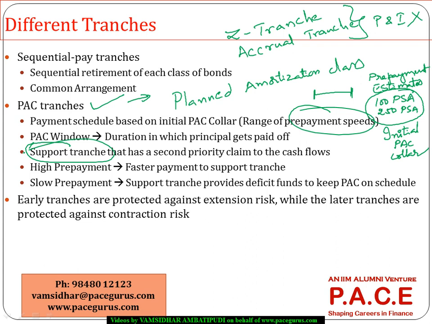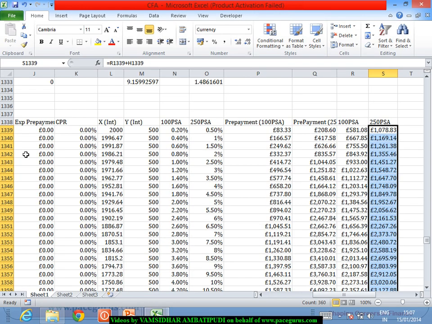So as per the plan, the PAC tranche should get at least 581 because it should get the minimum of these two, let's say. So the PAC tranche should definitely get a minimum of 581 of the expected principal prepayment.